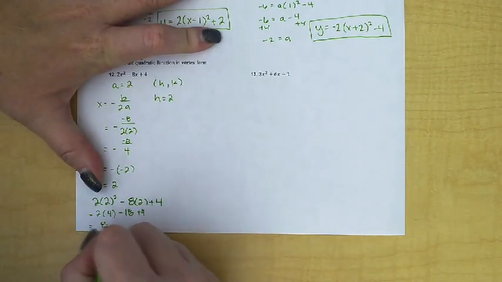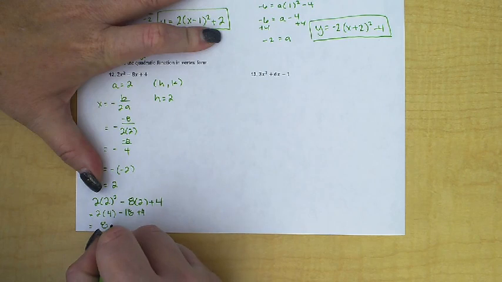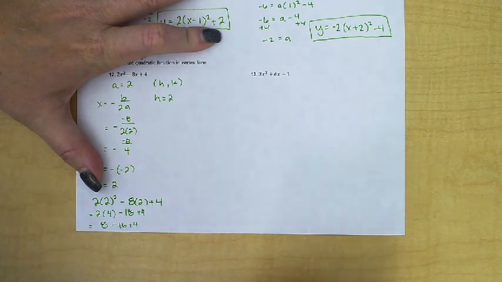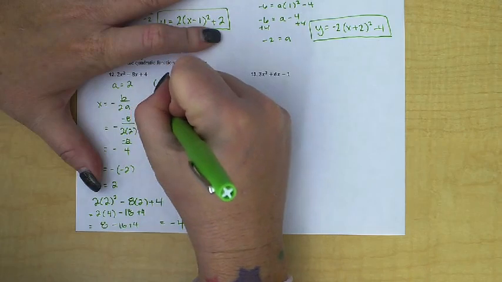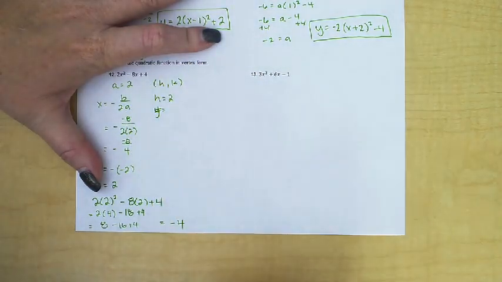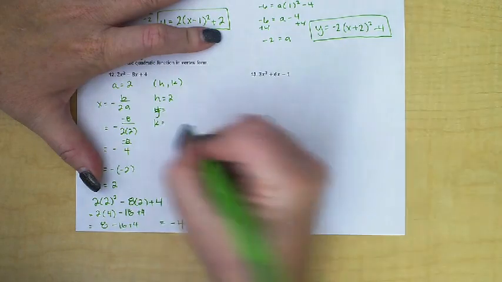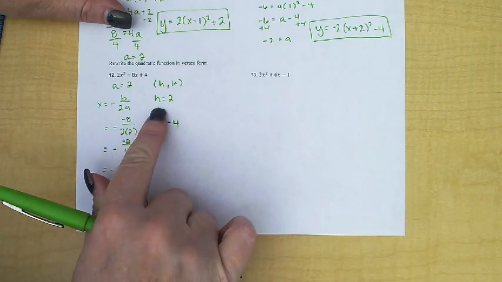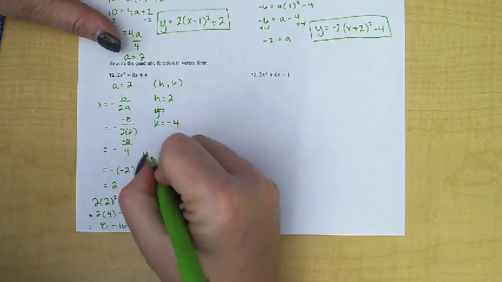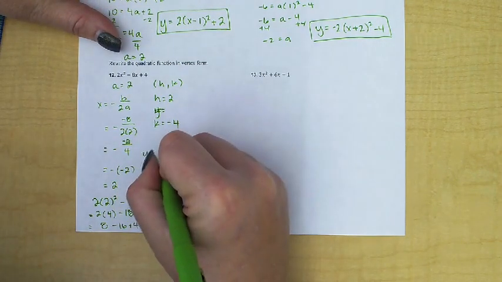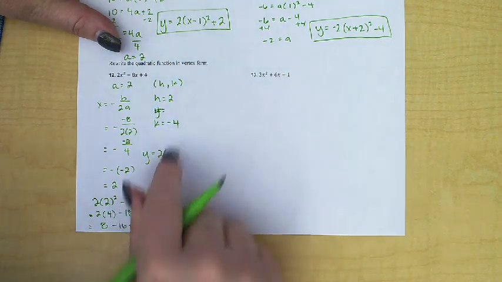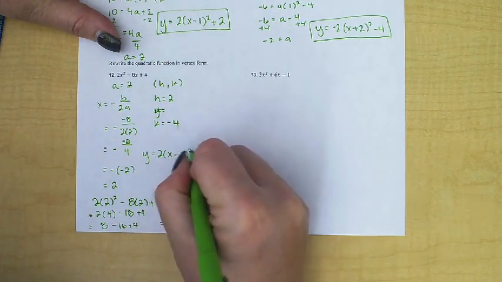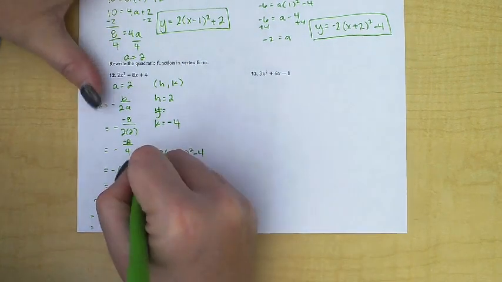Which will give us 8 minus 16 plus 4, which is going to equal negative 4. So now we know y equals k, but we want to call it k. K equals negative 4. We have our a value, we have our h, and we have our k. That will give us y equals 2 times x minus 2 squared minus 4.